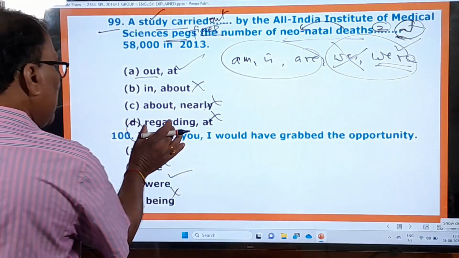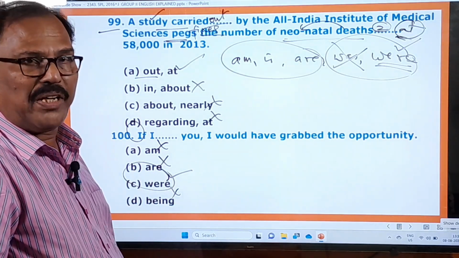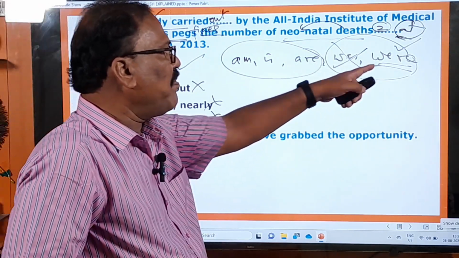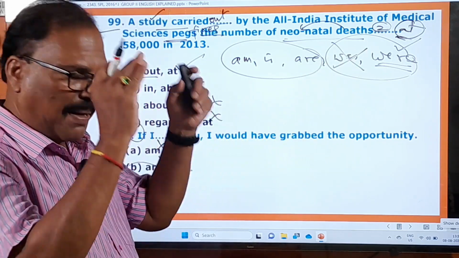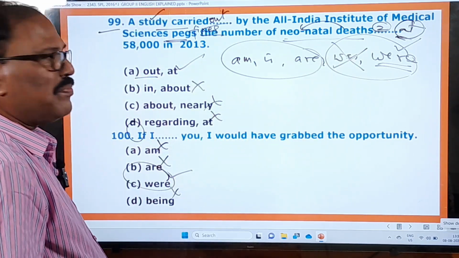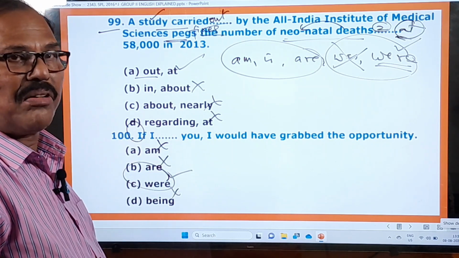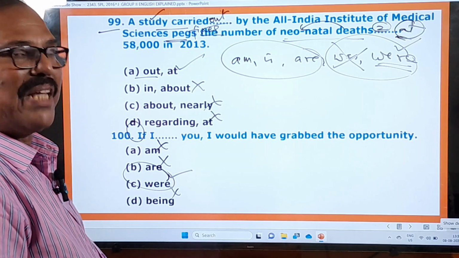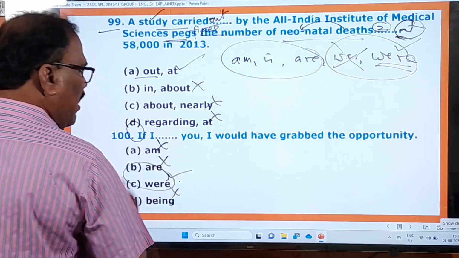Whatever it is, in such cases you should use only the past tense be form. In the past tense, there are two be forms, was and were, but not was. You should use only were. That's a compulsory thing. If I were you, if he were me, if she were you, like that. In this way were is used here, and therefore this is the right one, others are not right.